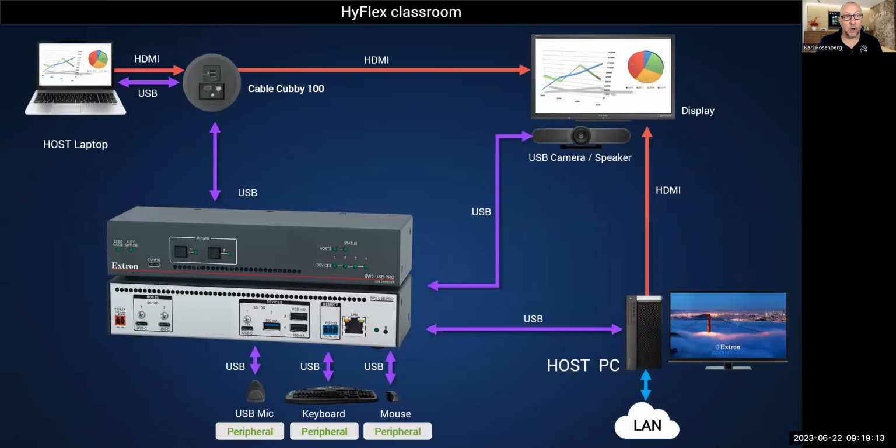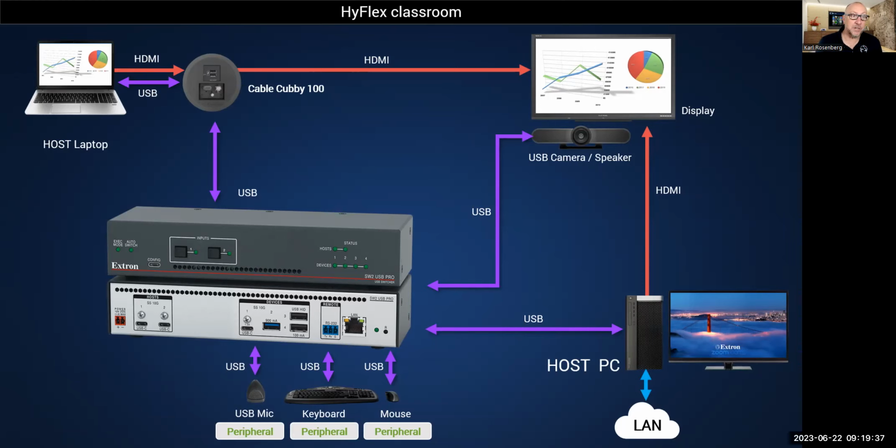USB switching is also going to be very important. The USB switchers that you're going to use, you'll need to buy, and they're going to have in them something called host emulation. What that means is when you plug all these peripherals in, the cameras, the keyboards, and the mice and everything else, they need to connect to the host.